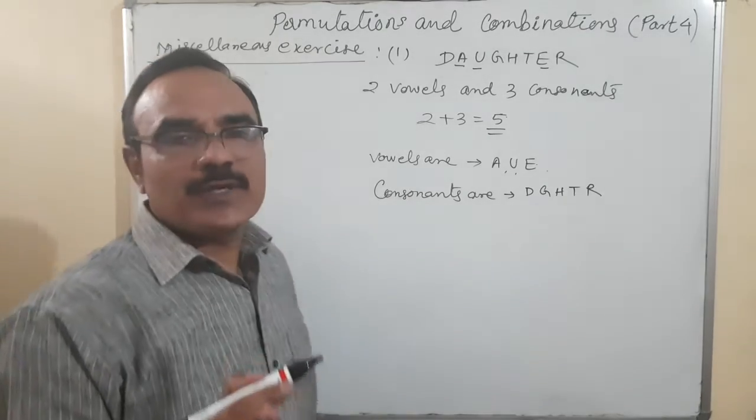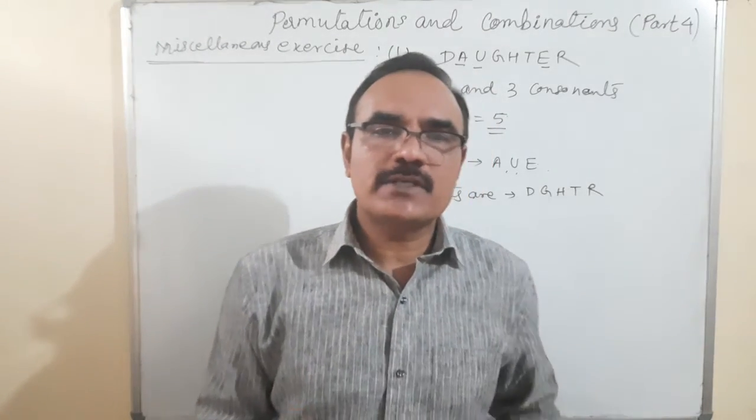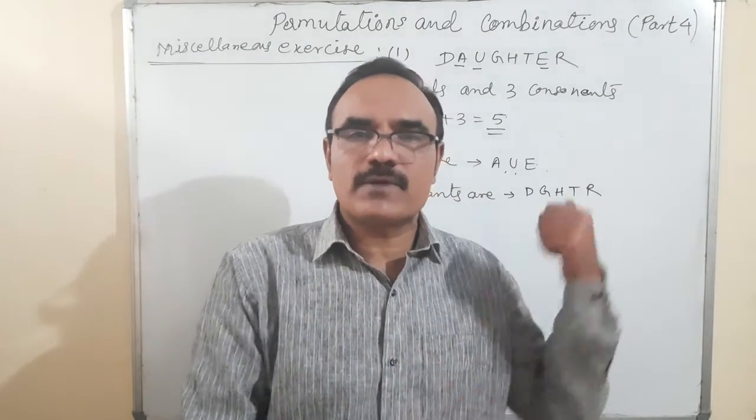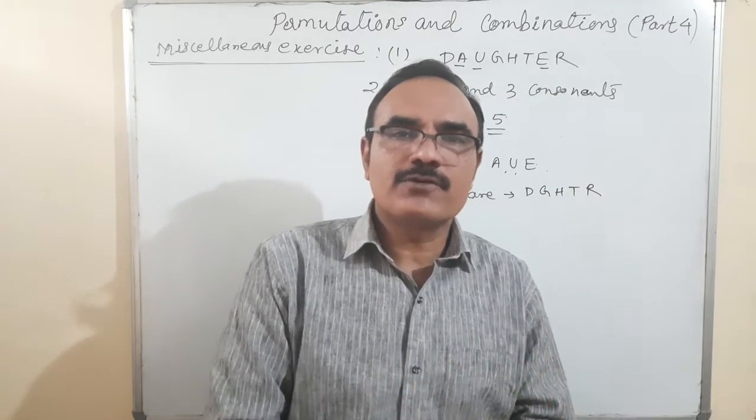So here you can see combination and permutation are both being used. First we have to select the vowels and consonants from the word daughter, and after that we are going to arrange them.